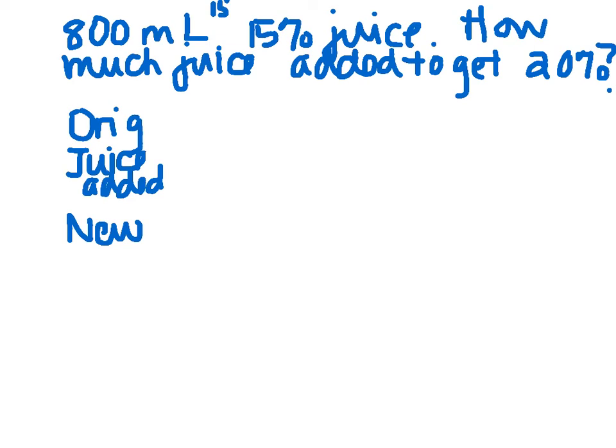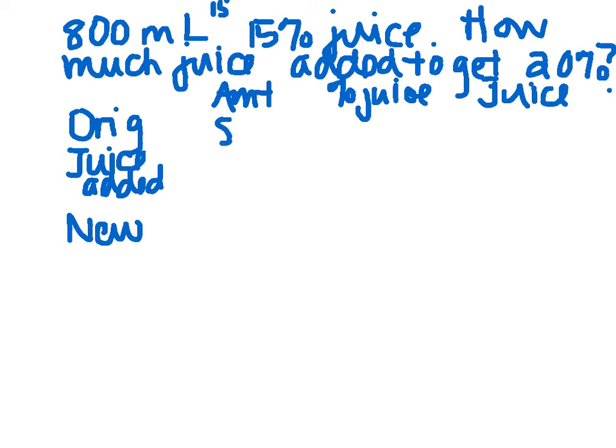And with this, if we know how much we have, and we know the percent juice, it will tell us how much juice we have. In the original, I have 800 milliliters that is 15% juice. I think you all know that 10% is 80 and 5% is 40. So when you do that, you will find out that that is 120.